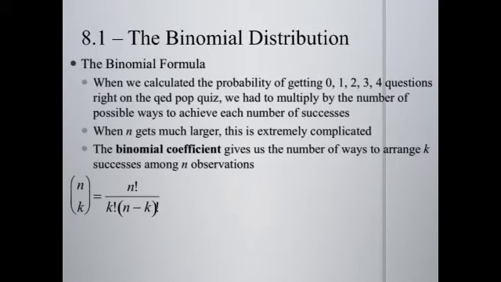The binomial formula. When we calculate the probability of getting 0, 1, 2, 3, 4 questions right on the quantum electrodynamics pop quiz that I gave you at the beginning of class, or we pretended like we took, we had to multiply by the number of possible ways we could have achieved each number of successes. If I got one question right, there were many different possibilities.